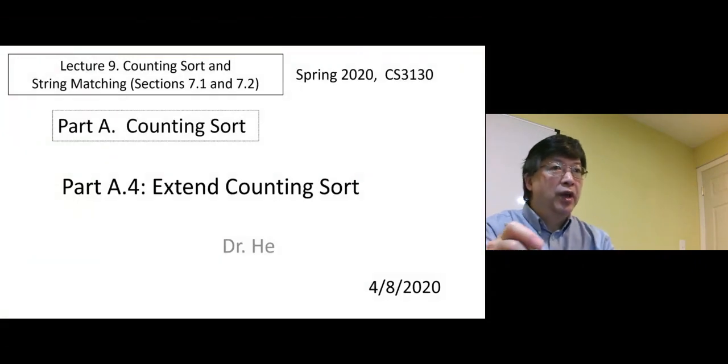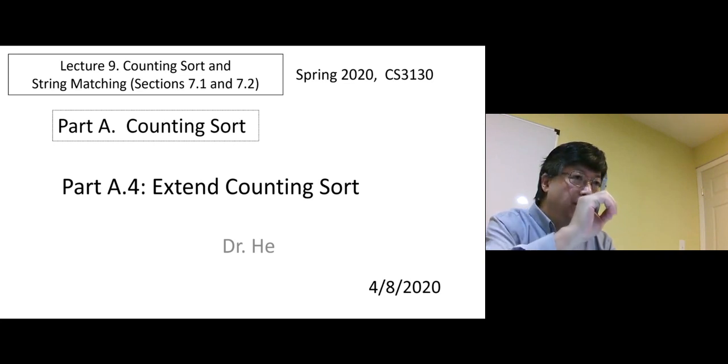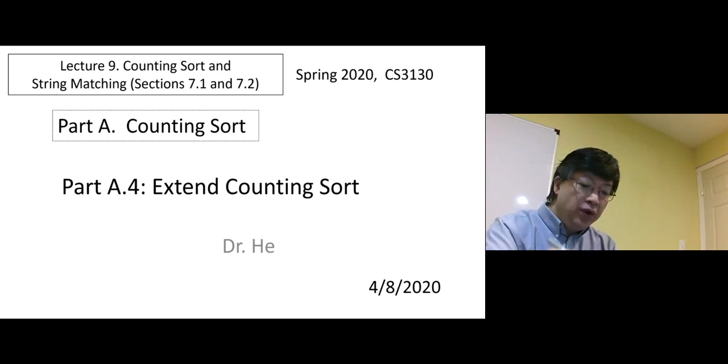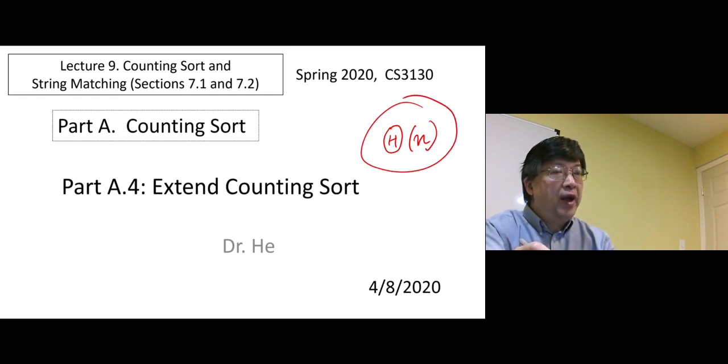We just finished the counting sort. So if we look back at the counting sort, there is a good thing and a bad thing. The good thing is we get really excellent efficiency, big theta of n.